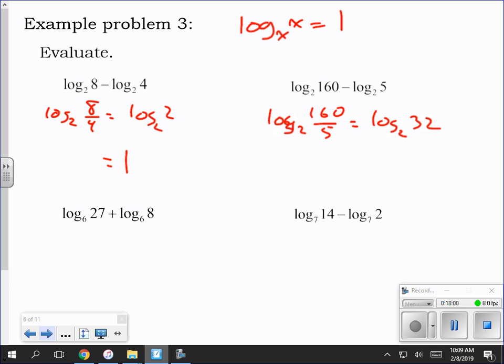But 32 is 2 to the 5th power. So this is log base 2 of 2 to the 5th. What can I do to my power? Bring it out in front. So I have 5 times the log base 2 of 2, which is 5 times 1, which is 5.